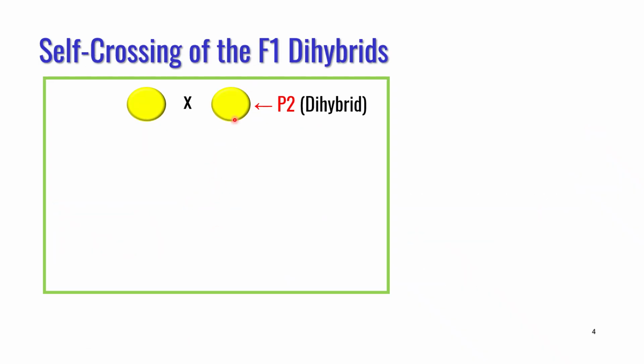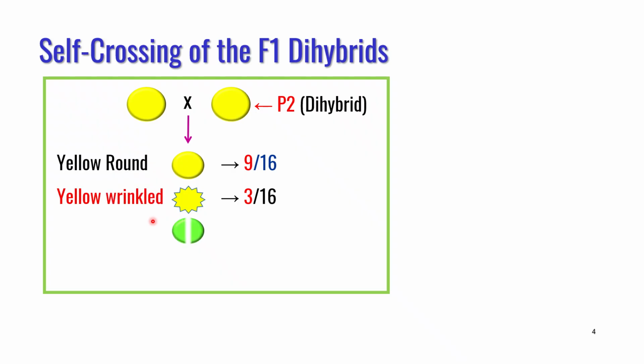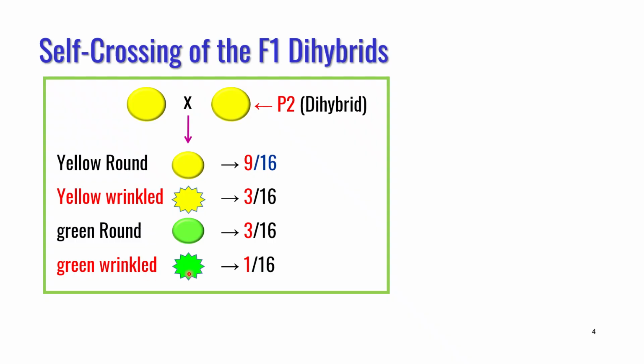When he self-crossed the dihybrid plants, the outcome was 9 yellow and round, 3 yellow and wrinkled, 3 green round and 1 green wrinkled. So basically here recessive traits are reappearing, meaning they segregate and reappeared. So it supports the law of segregation.